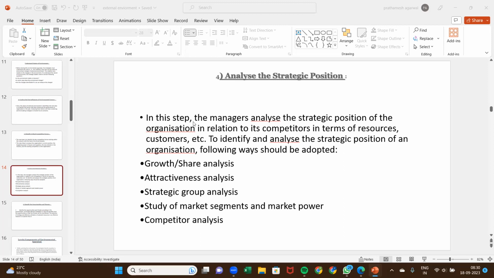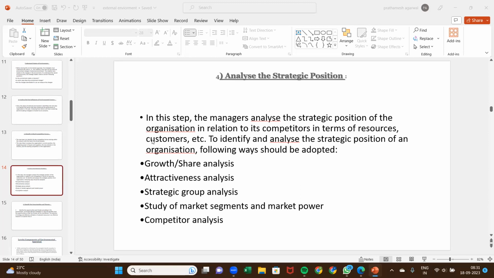All right. Now, analyzing the strategic position. In this step, the managers analyze the strategic position of the organization in relation to its competitors in terms of resources. Resources means how much land, how much money, how much raw material, how much capital. And here, resources of the customers means, do they have the purchasing power to buy? Is there a need?